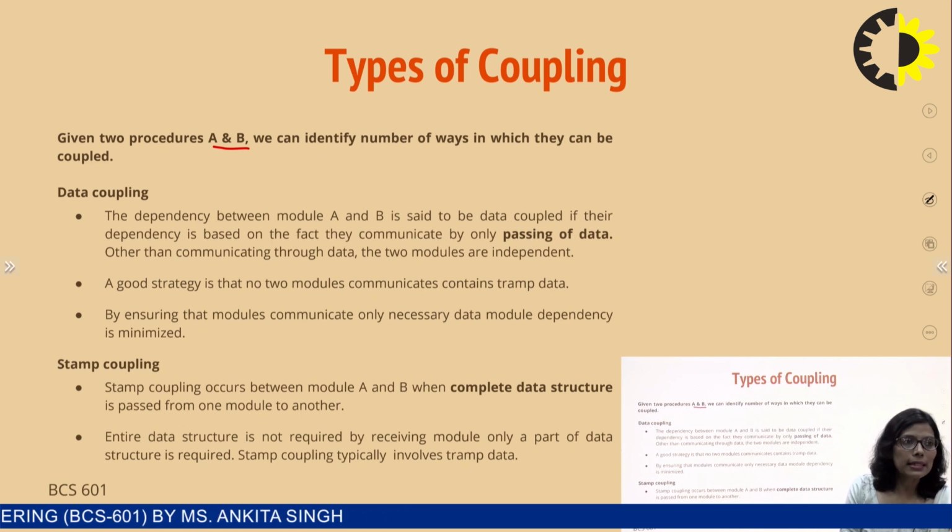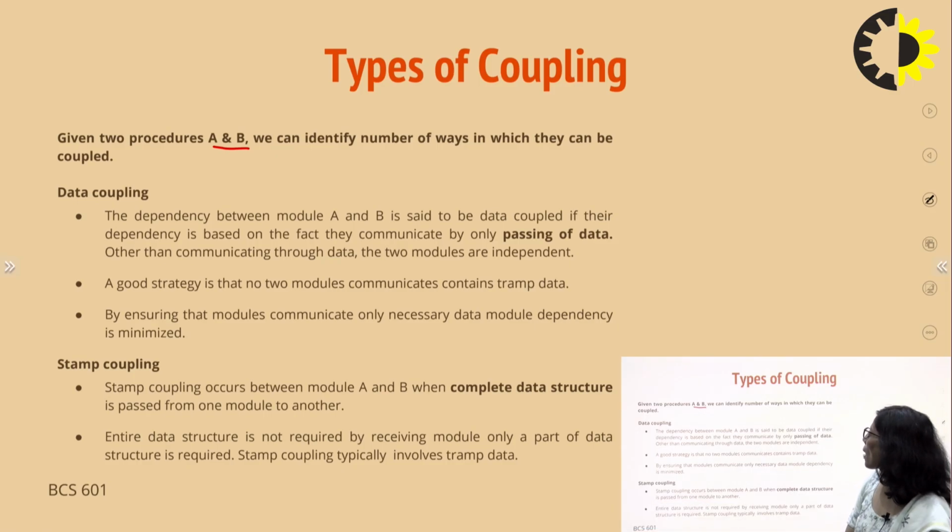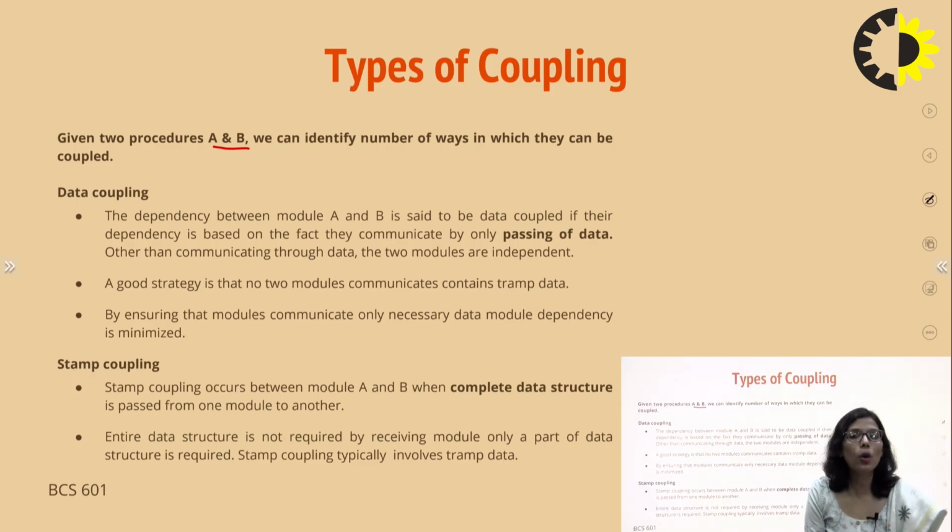Data coupling says the dependency between modules A and B is said to be data coupled if the dependency is based on the fact that they are communicating only through the passing of data. So if we are passing only relevant data between two modules, we call it data coupling. If we are passing tramp data, it is not data coupling.